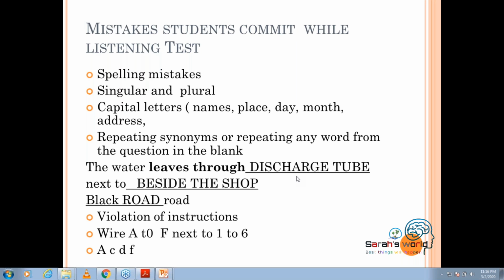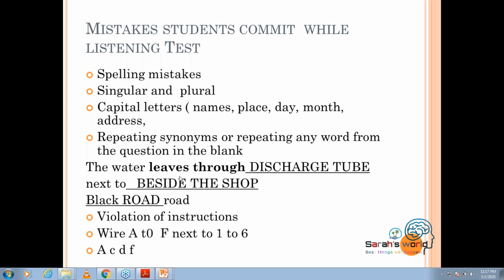Okay. The next thing is repeating synonyms or repeating any word from the question in the blank. What do you mean by this? Now you have the examples down. The water leaves through dash and you have written the answer as discharge tube. The examiner will put this answer wrong.